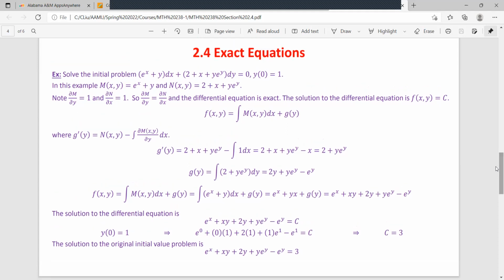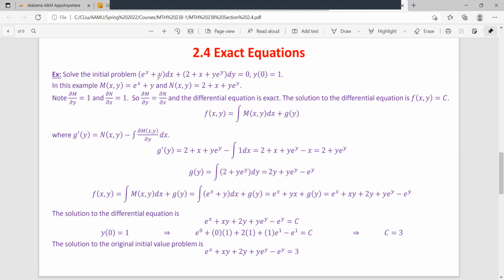Okay. So the first step is to identify M, that's e to the x plus y. That's the function with dx, and N is the other function, that's 2 plus x plus y times e to the y. So that's the function with dy in the differential equation.